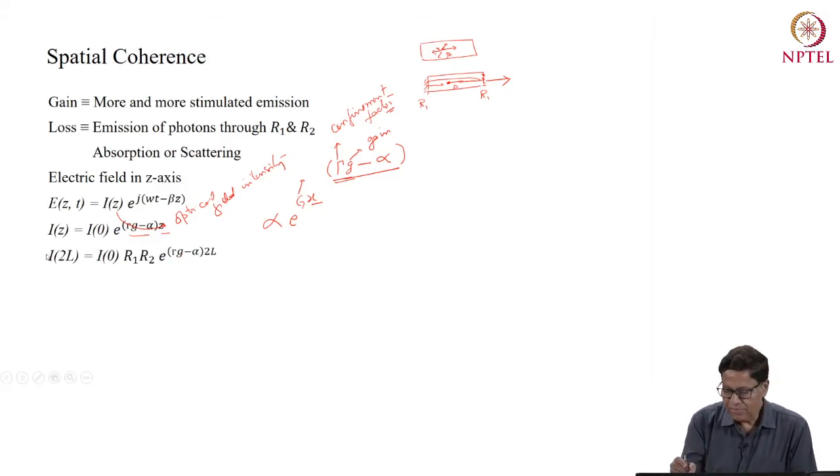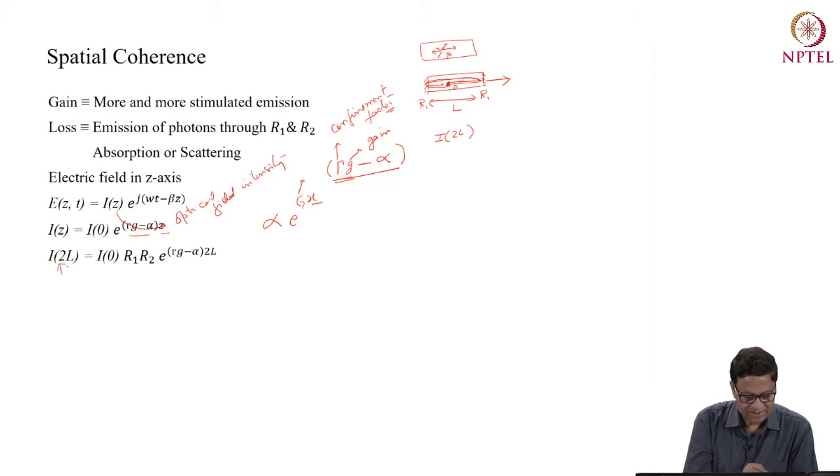And if you see, this distance is L. If it travels a distance of 2L, which means suppose a photon is generated here, it travels this distance, gets reflected from the mirror, comes here, again reflected from the mirror, and comes back to the same position. So basically, it has traveled a distance of 2L.